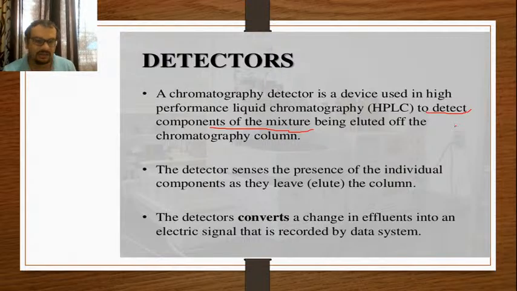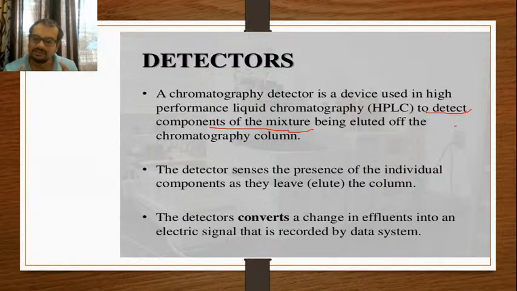As I already said, one of the disadvantages with respect to HPLC is that it does not have any universal detector. Universal means applicable to all cases. That means the majority of the cases can be dealt with by a single detector. That detector system is called a universal detector system.